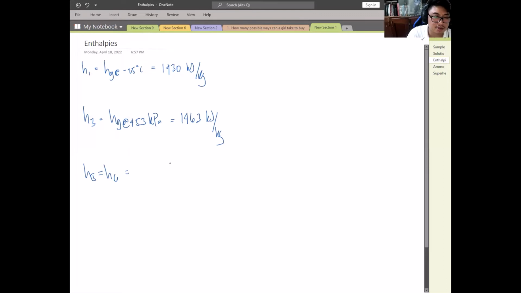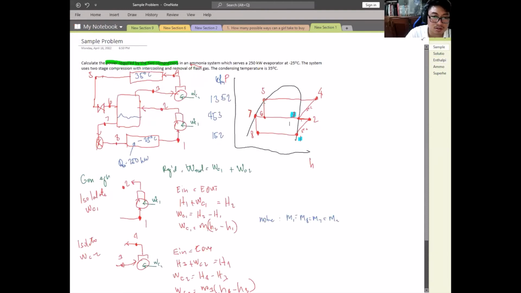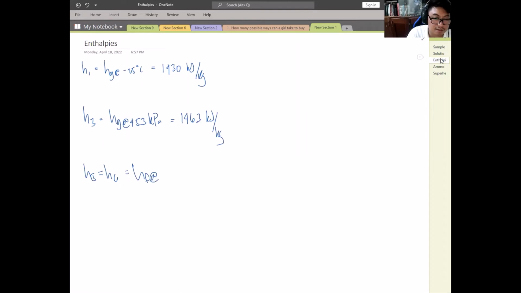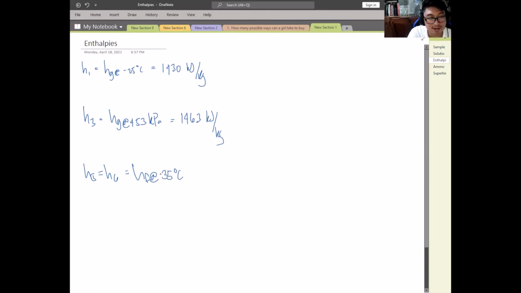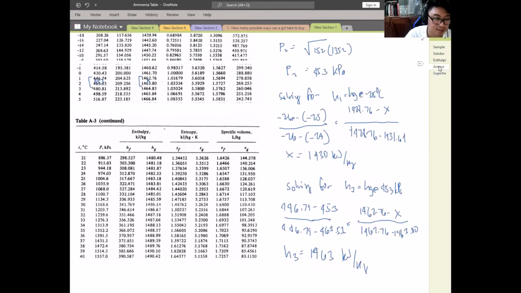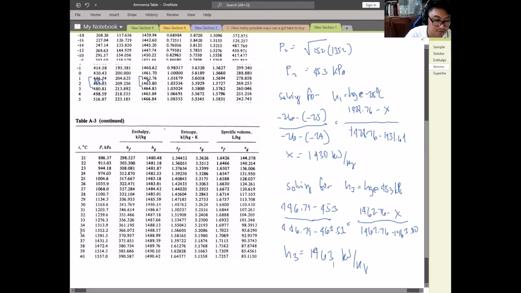So, that is equal to HF at temperature 35 degrees Celsius. So at 35 degrees Celsius, or kung gusto nyong pressure, wala namang problema. So markahan na natin, ito yon.